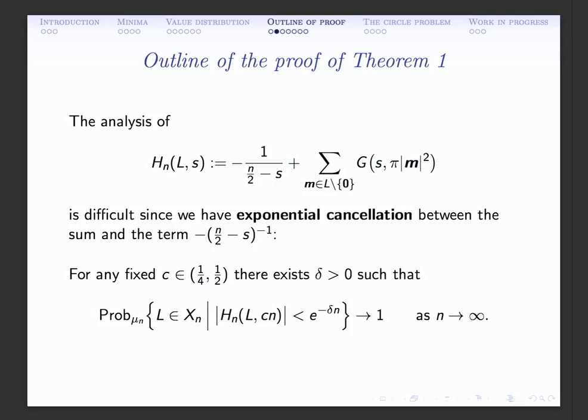It's exponentially small. So you have pieces of polynomial size, and you subtract one from the other, and the result is exponentially small. So you have to be very delicate in your analysis of this Hn. So with probability 1, as the dimension grows, your function is exponentially small. And somehow you need to detect this in your analysis of this function.